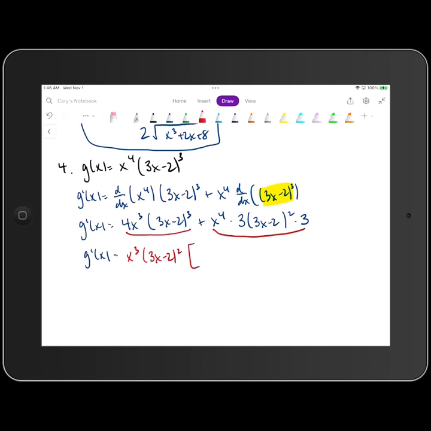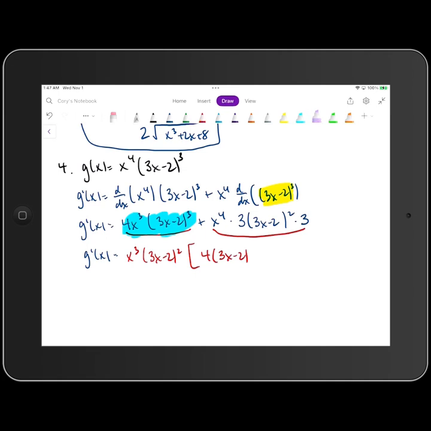Okay, so when we factor that out from both expressions, when I look at this first quantity over here, what are the leftover factors whenever we factor out x cubed and 3x minus 2 squared? Well, we have a factor of 4, and we also have a factor left over of 3x minus 2.